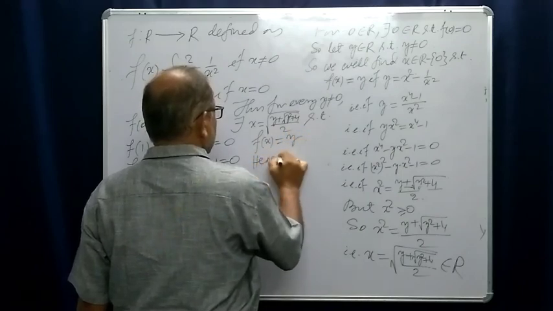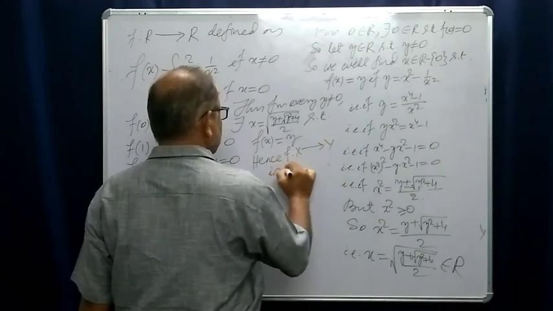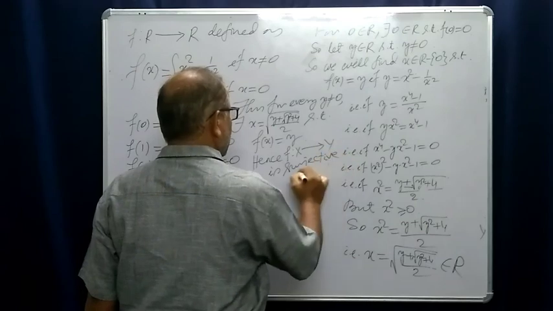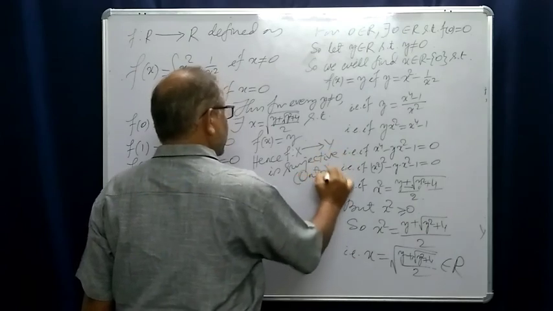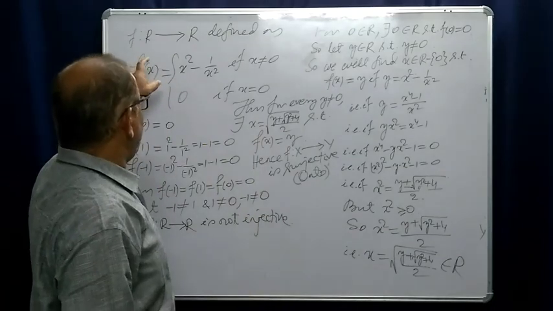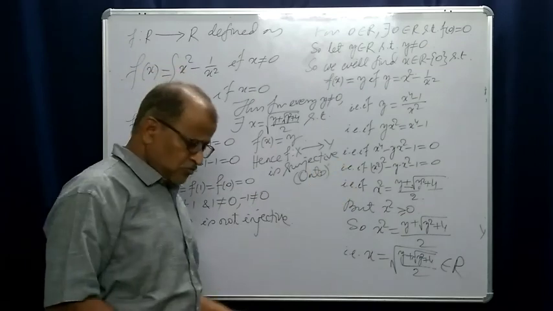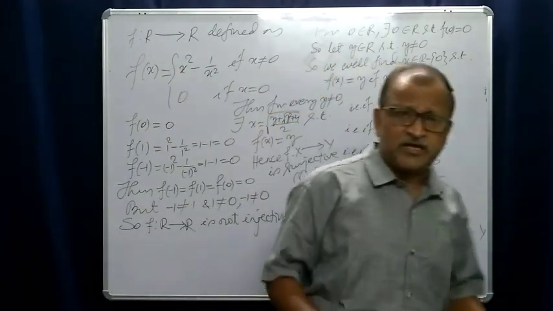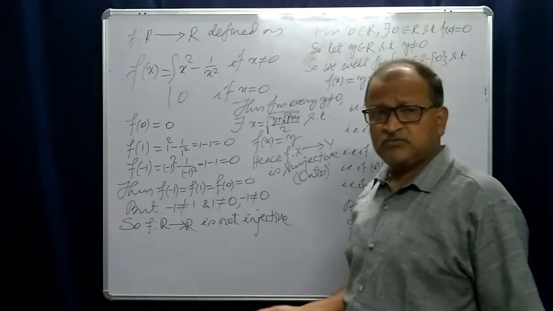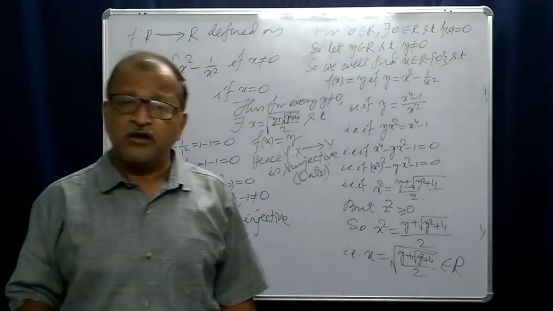Hence, f from x to y is surjective, or onto, right? So the given function is not injective but surjective. So you have to take some algebraic process to test whether it is surjective or not, whether it is injective or not.